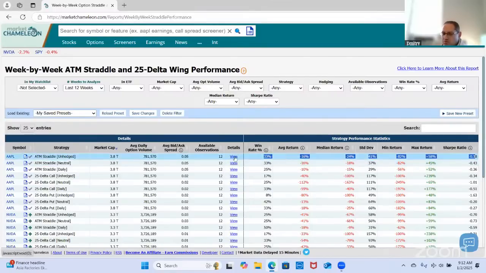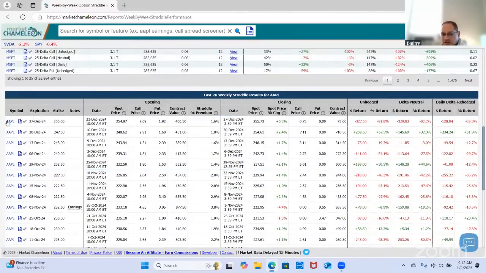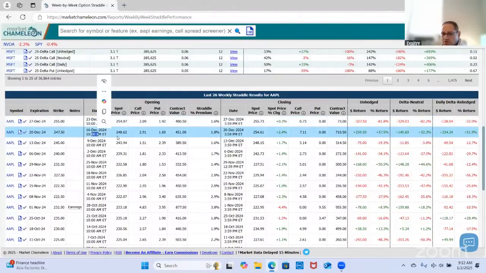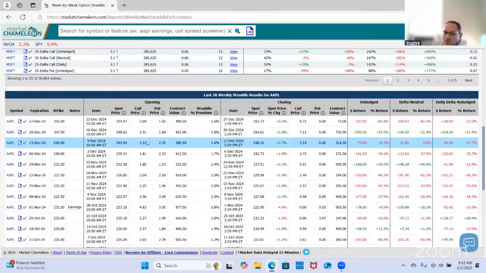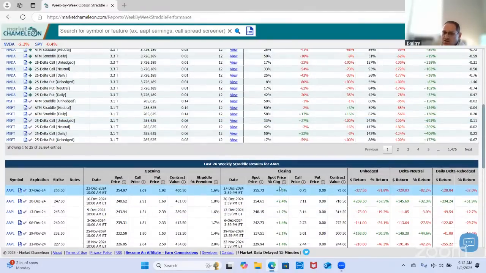If we wanted to go deeper and view the actual details, you click on this, and then over here it tells us the timestamp of the snapshot, the start time, the timestamp of the end time, where the stock was, where the options were, what the value of the straddle was at the start, the premium, and what it was at the end, and then the returns. So we might come back to this.